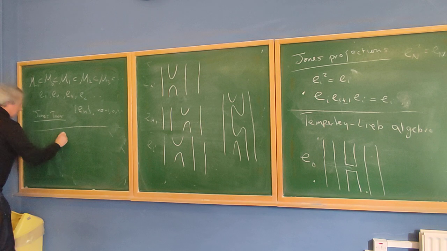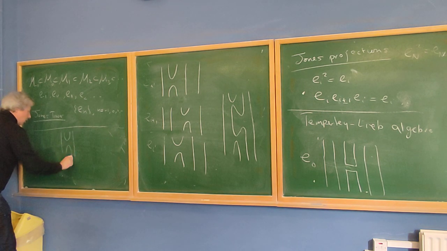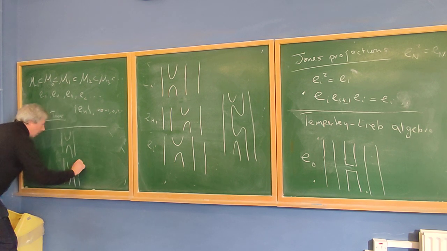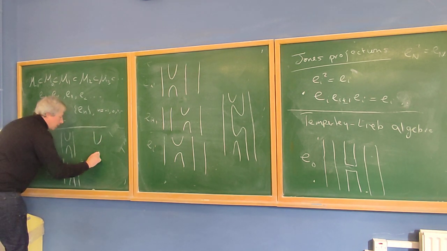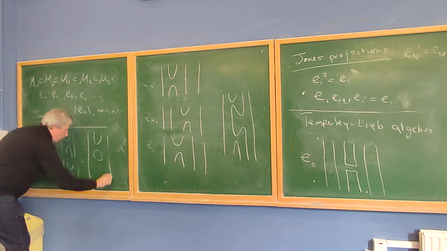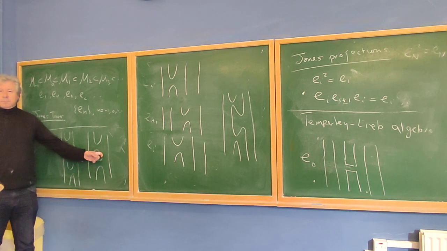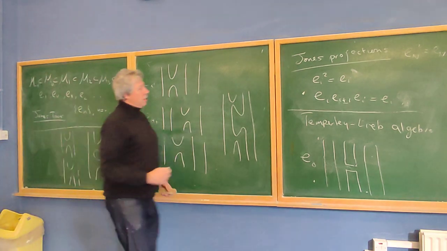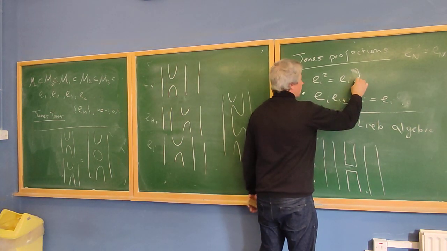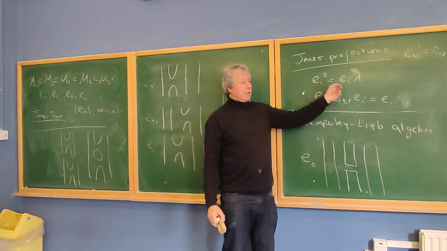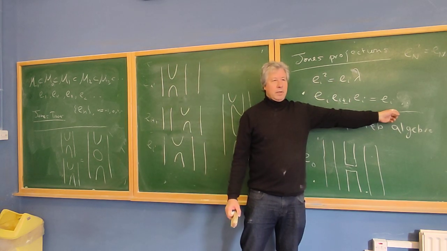Because if I project like this, and project again, this is equal to indeed this, and then I have a closed loop. And this actually gives you the dimension. So the dimension enters here. Of course I can rescale what I call the projector, and then the relation will change.